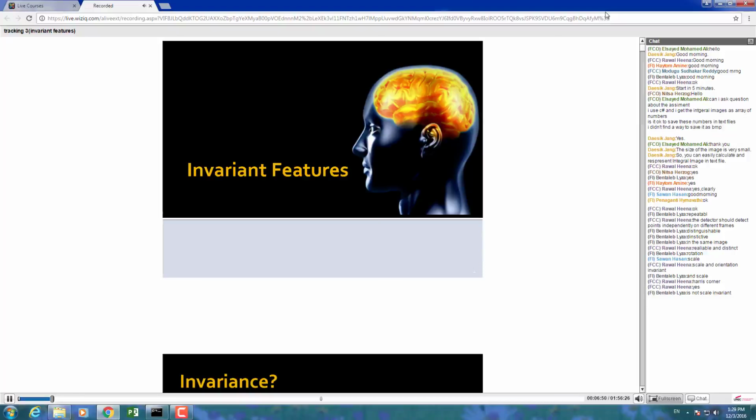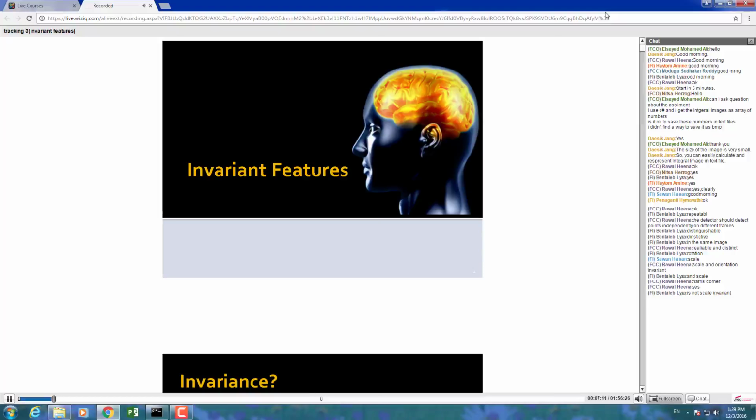In the paper, we can see some graphs and evidence. Even though Harris corner is invariant to rotation, it is not scale invariant.